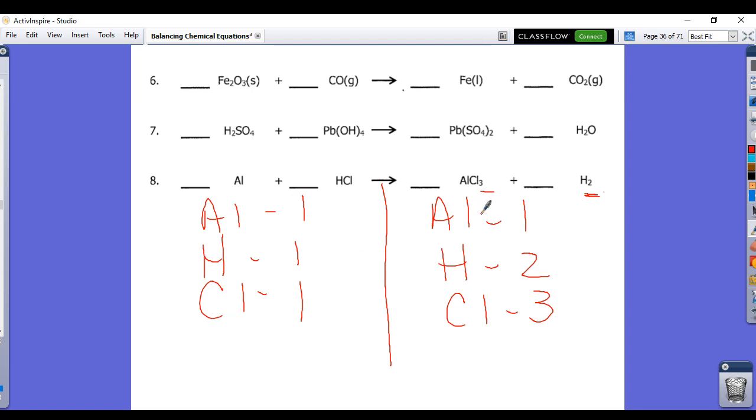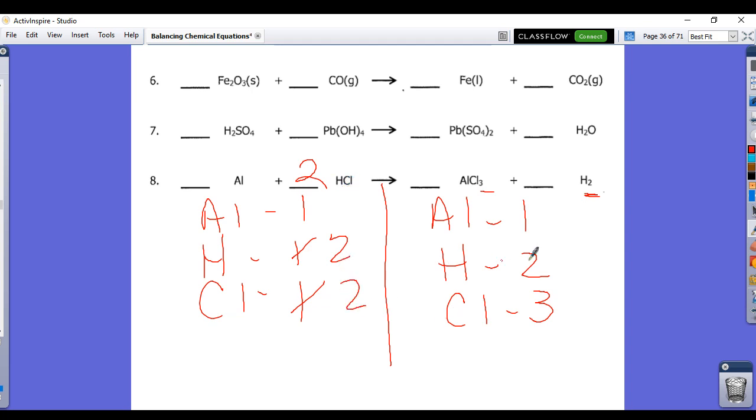So right off we see the 2 aluminums are good, but our hydrogens aren't. So, yep, we're going to put a 2. So 2 times 1 gives us 2. And then 2 times 1 chlorine gives us 2.